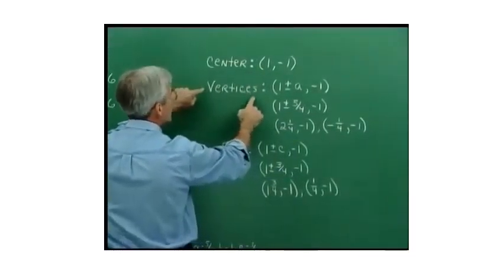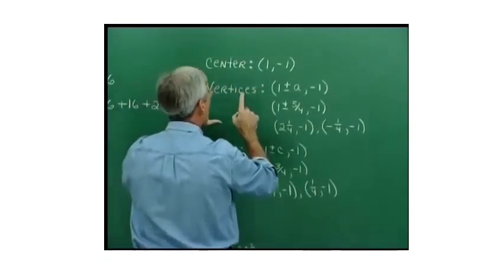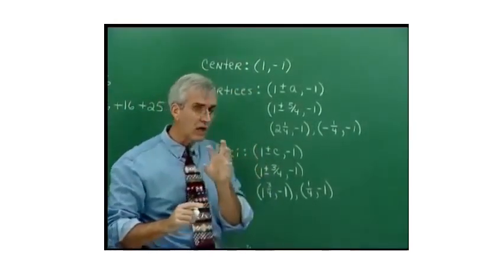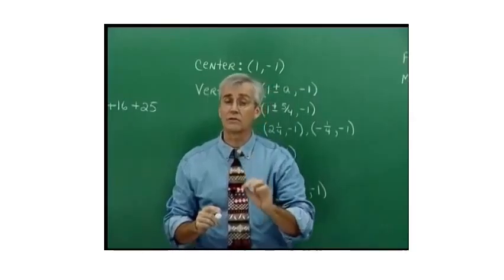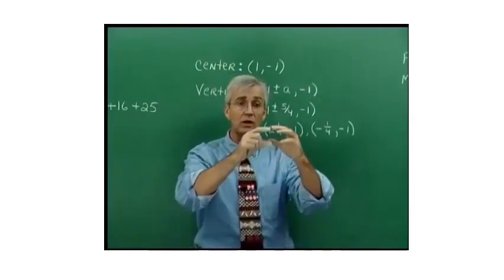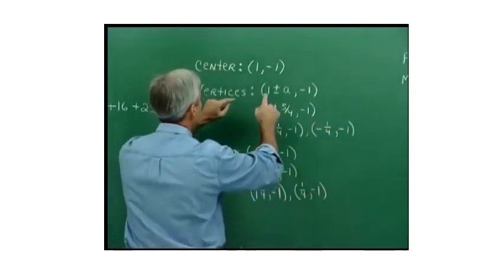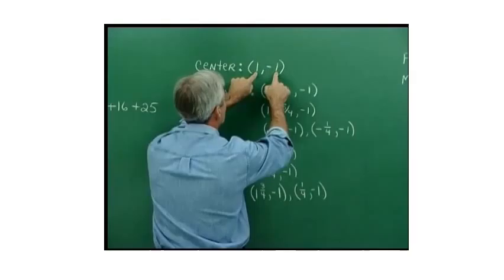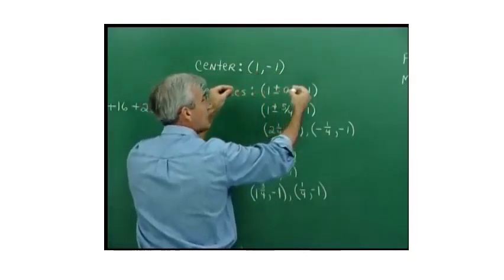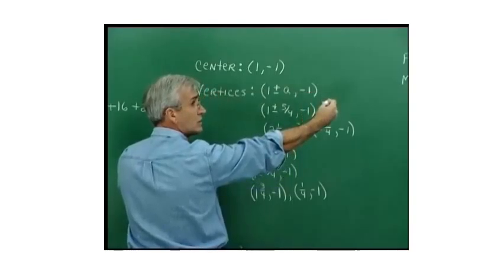Now, vertices are calculated off of the center point. Now, we recognized that that first denominator, the denominator of the term involving x, was the one containing a. So we know we're elongated horizontally. And that tells us that we're going to take the coordinates of the center, and we're going to elongate, you see, to elongate horizontally, we're talking about horizontal distances from that point.